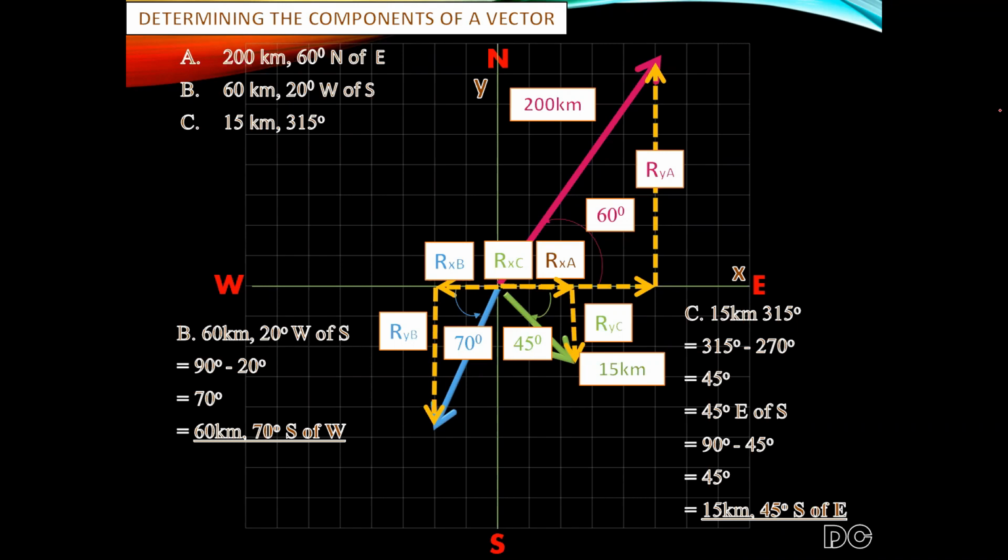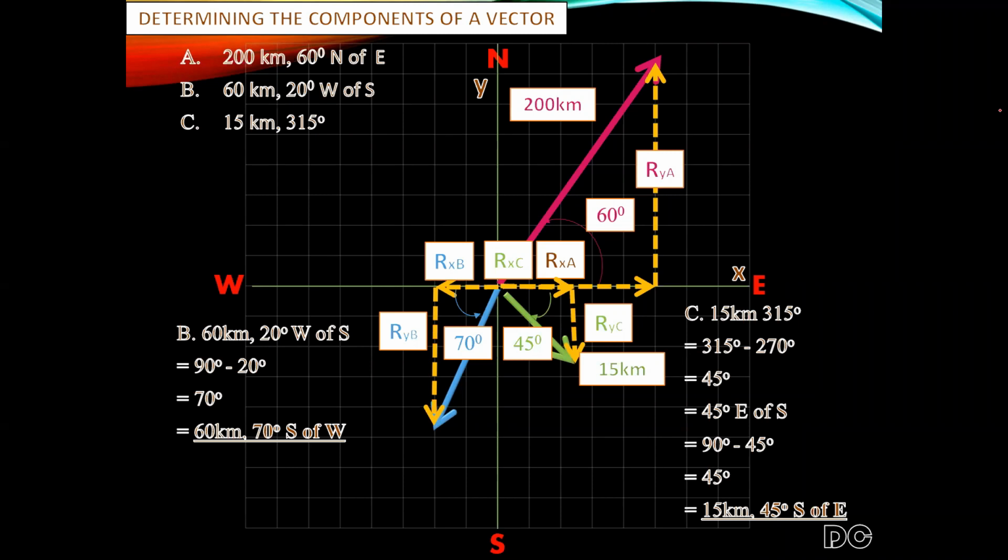By simply adding all the x components, which are the r sub xa, r sub xb, and r sub xc, for the r sub x or the x component of your resultant, and by adding the y components, which are the r sub ya, r sub yb, and r sub yc, for the r sub y, or the y component of your resultant.